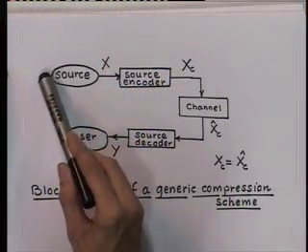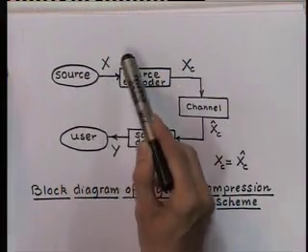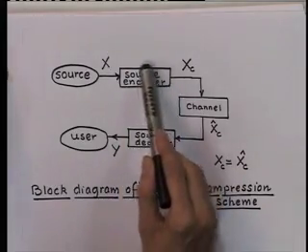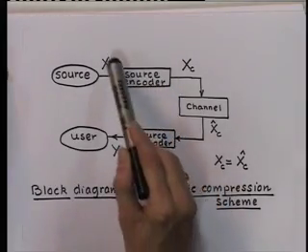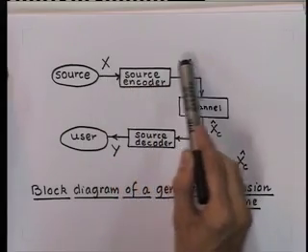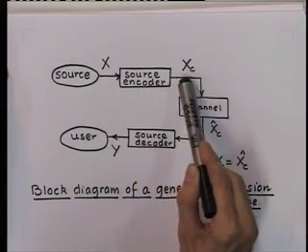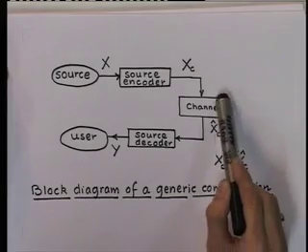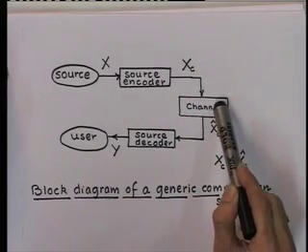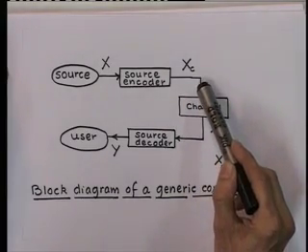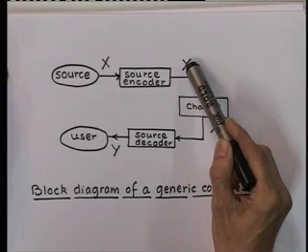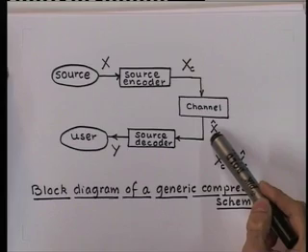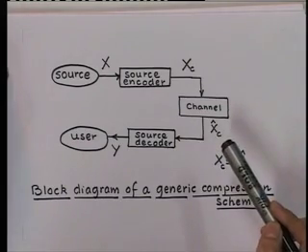The output of the source is modeled as a random variable x. The source coder takes the source output and produces the compressed representation x_c. The channel block represents all transformations the compressed representation undergoes before the source is reconstructed.